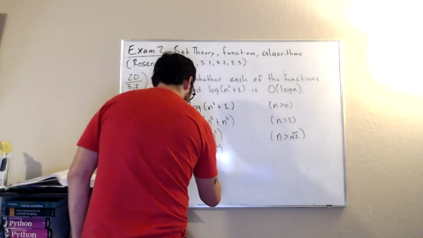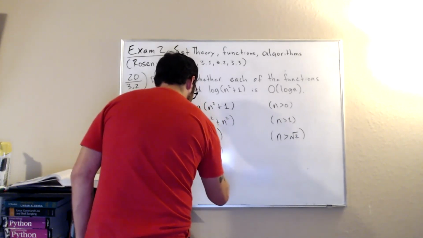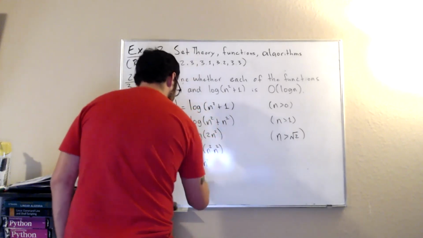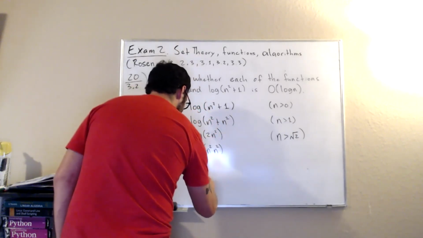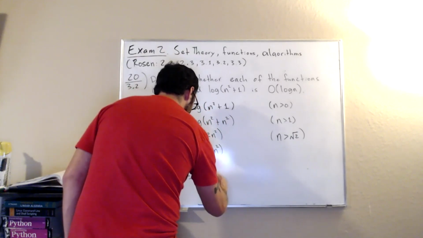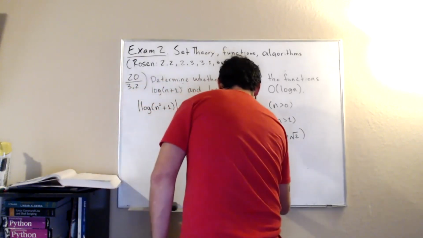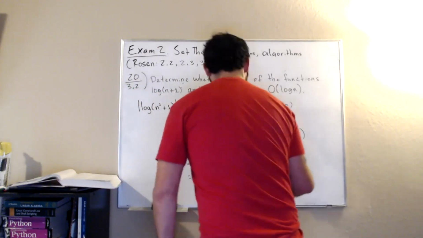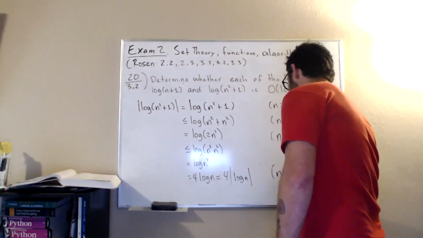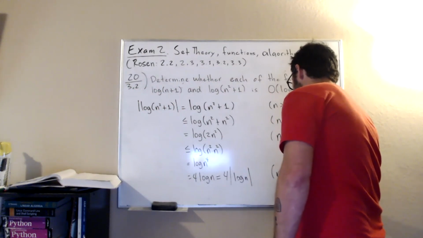But that's equal to log of n to the power of 4, which is equal to 4 times log of n. That's equal to 4 times the absolute value of log n. And again, we have to make sure that n is greater than root 2.